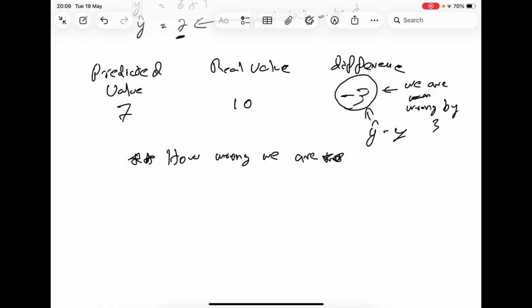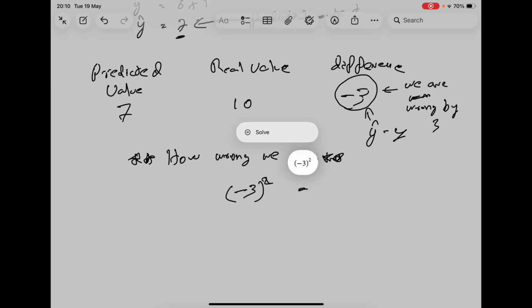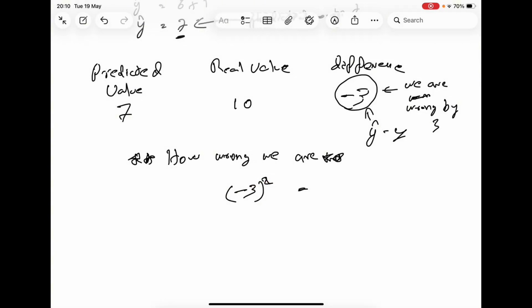What if we had done something like this? What if we squared this error, right? Then the minus sign will get cut off, and this will be 9, right?